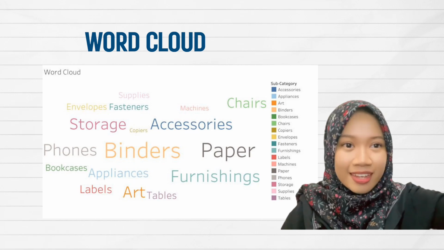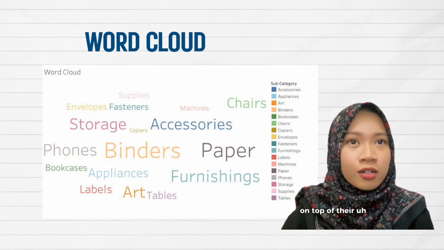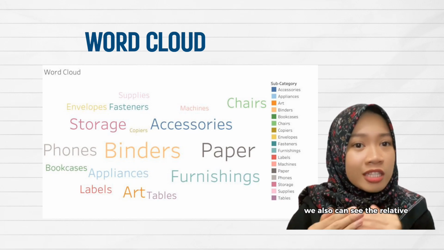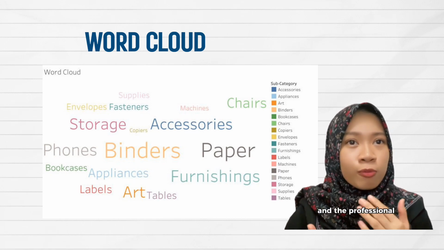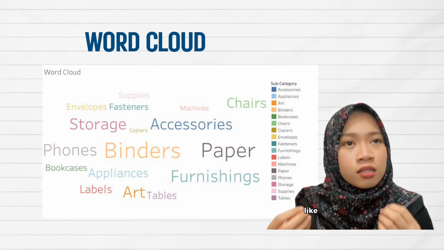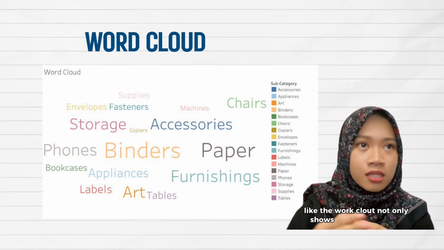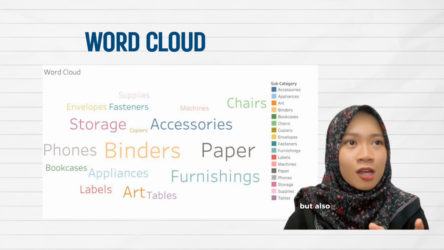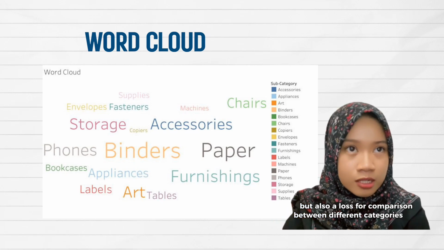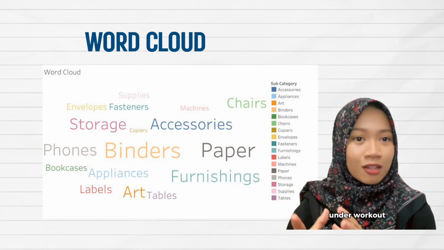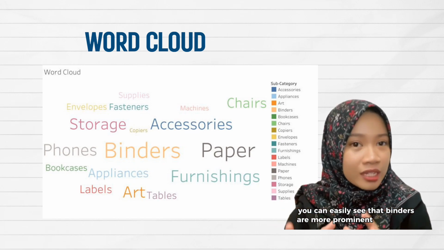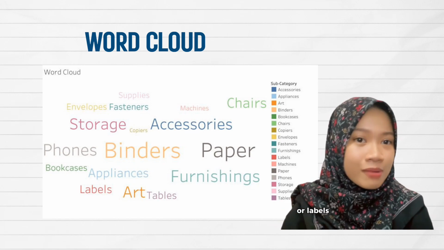On top of that, based on the word cloud, we also can see the relative importance and the proportional representation. Relative importance: the word cloud not only shows what is important but also allows for comparison between different subcategories. Like based on the word cloud, you can easily see that binders are more prominent than tables or labels.